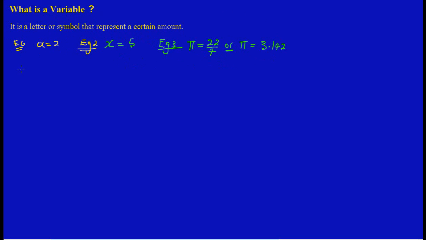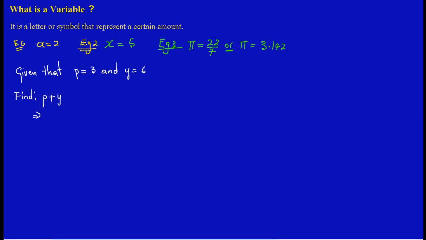We could say given that p is equal to 3 and y is equal to 6, I could now ask you to find p plus y, and this is pretty easy.